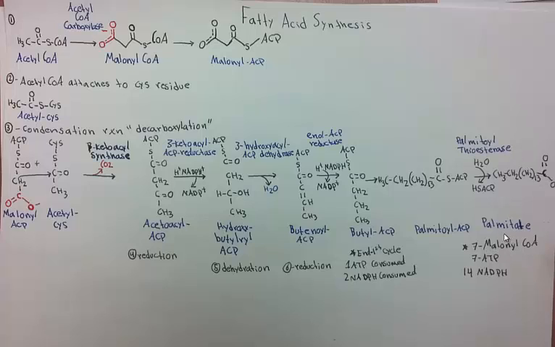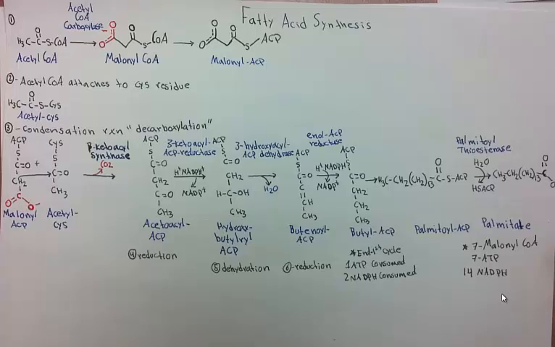I just want to emphasize the overall net reaction. We used a total of 7 malonyl-CoA and a total of 7 ATP in the conversion from acetyl-CoA into malonyl-CoA. We also used 14 NADPH in the reduction reactions from acetoacetyl ACP into hydroxybutyryl ACP and butenoyl ACP to butyryl ACP.